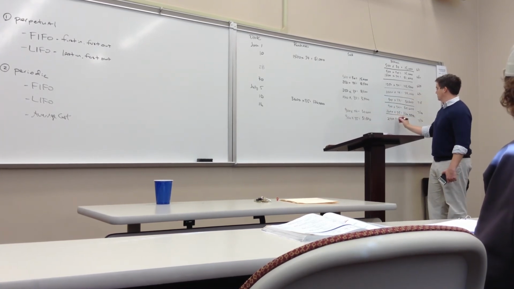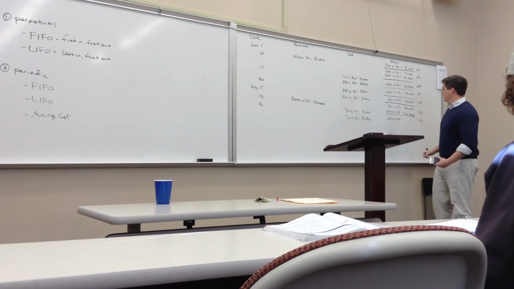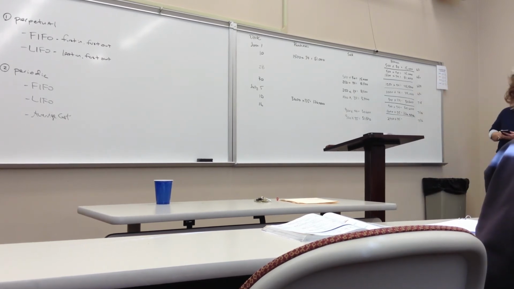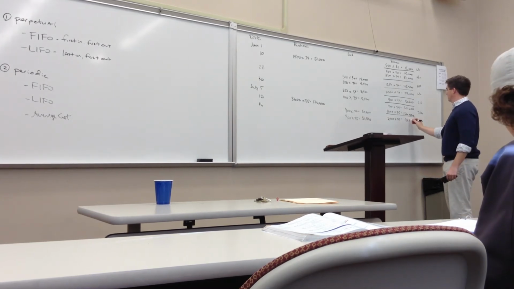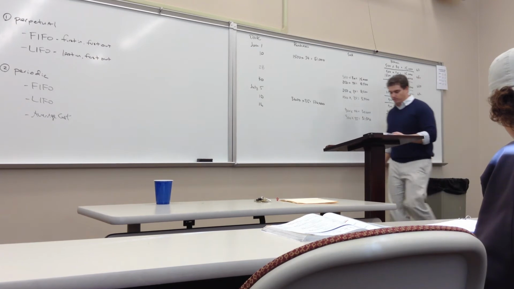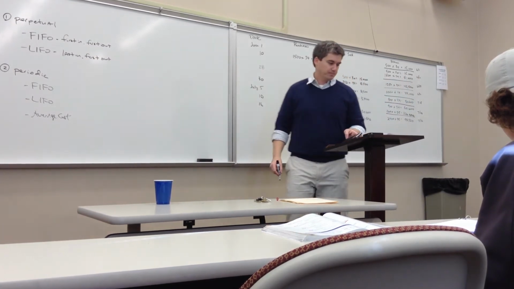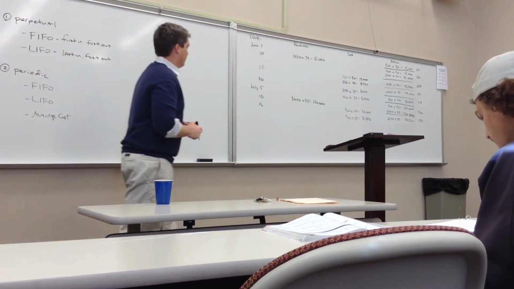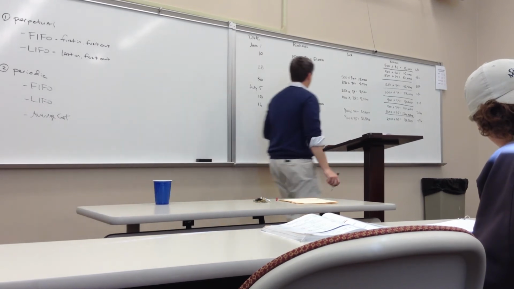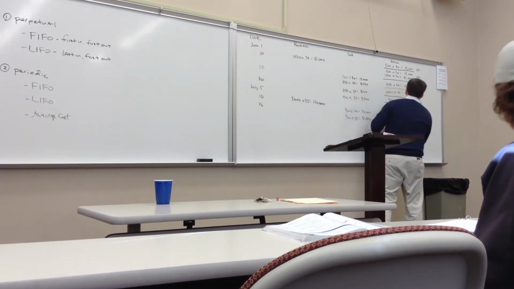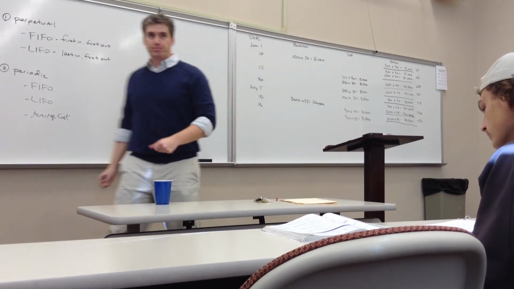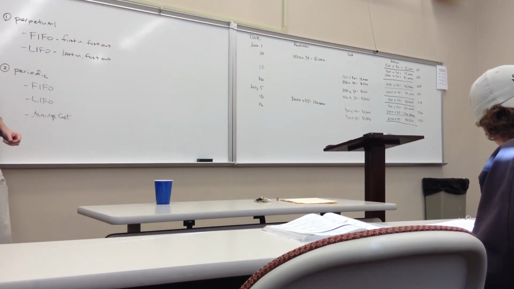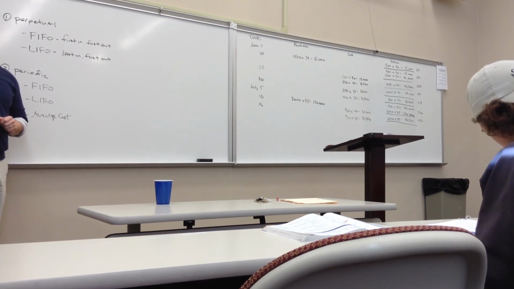So what's left here is 2,700 at 35. 2,700 multiplied by 35 is 94,500, and that's my new inventory balance. Got it? All right, anything look funny right now? Numbers look funny, anything? We okay?